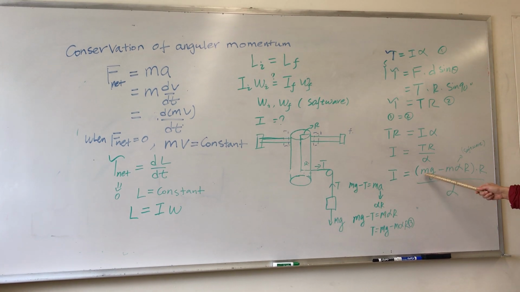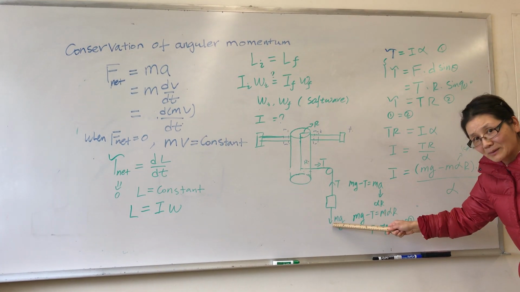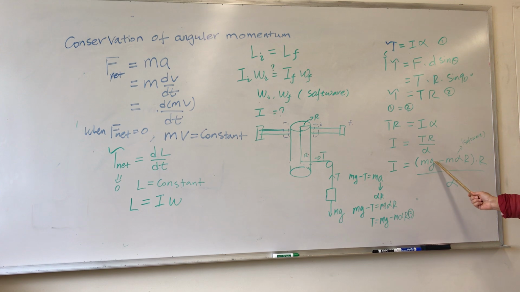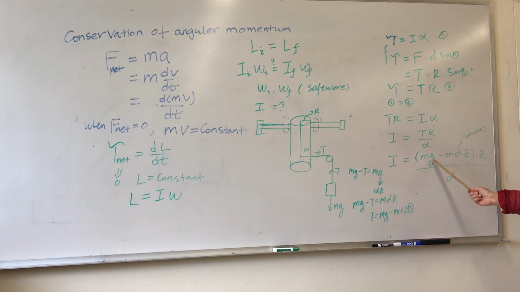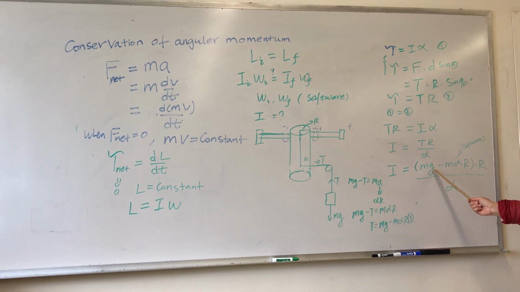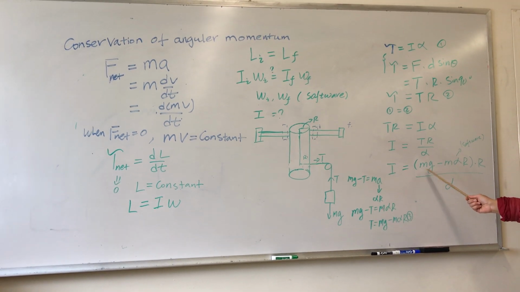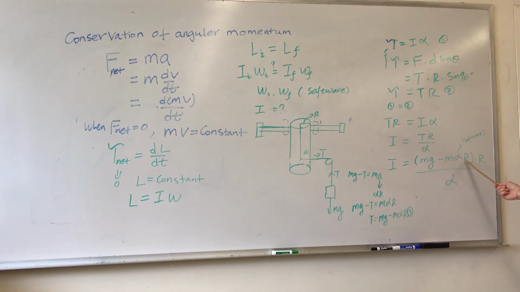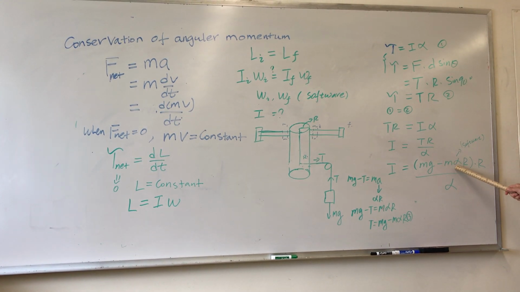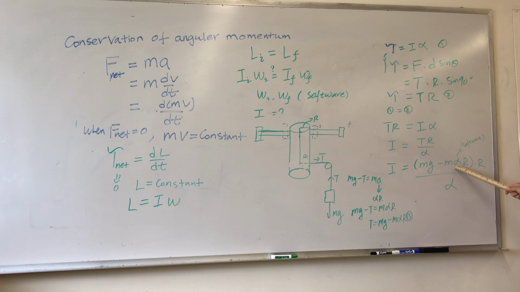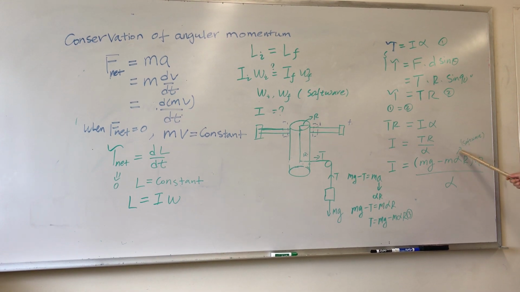This mass m is the hanging mass here. G, you can use 9.8 meters per second squared, or 980 centimeters per second squared, depending on whether you measure r in centimeters or meters, okay? So make it consistent. This angular acceleration we're going to get from software.